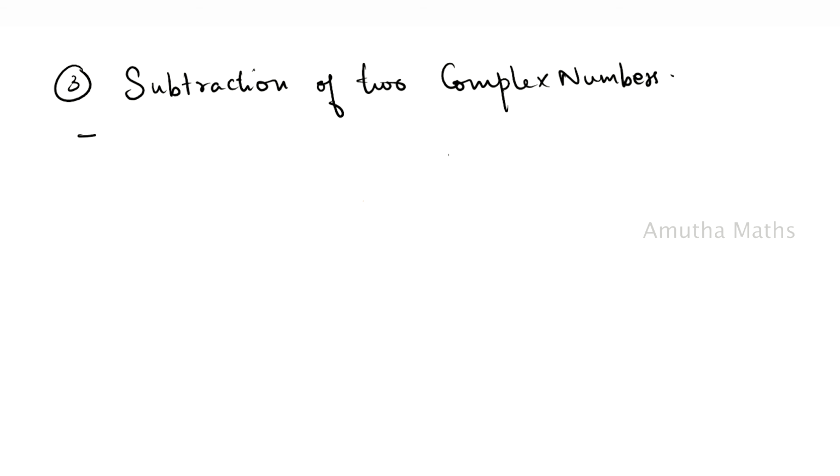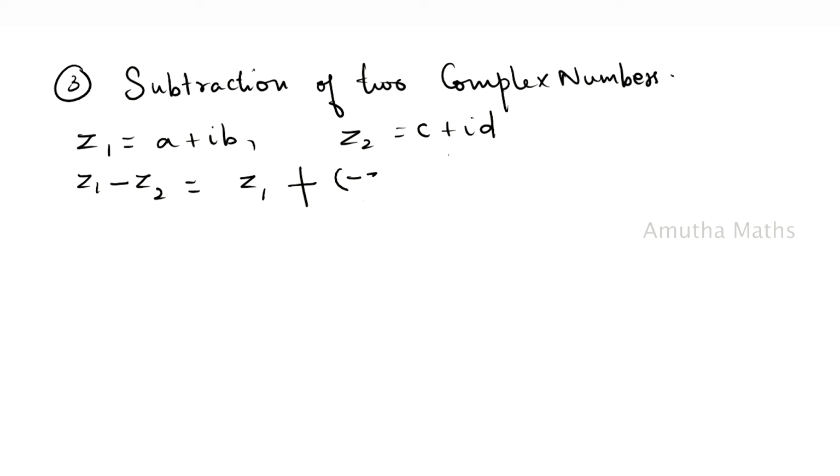Okay. Subtraction of two complex numbers. எப்படி இரண்டு கலப்பெண்களை நம்ம கழிக்கலாம்? If Z1 is one complex number, that is a plus ib, and Z2 is another, c plus id, then Z1 minus Z2 can be written as Z1 plus of minus Z2. So this is equal to a plus ib plus minus of c plus id.